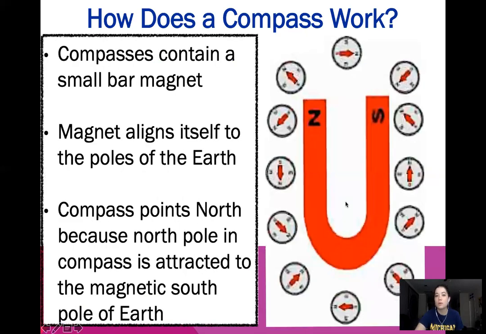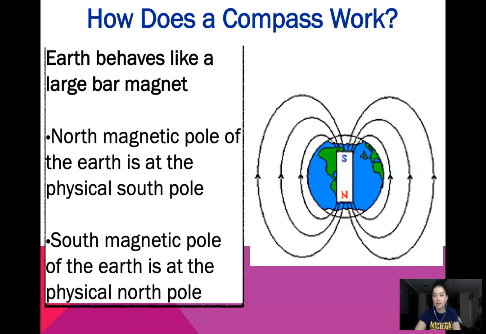Our compasses contain a very small bar magnet, and the magnet aligns itself based on the poles of Earth. A compass points north because that north end of the bar magnet inside of our compass is attracted to the south pole of Earth. Does that kind of make sense? So a north pole in the compass wants to point up towards the south because remember, opposites attract.